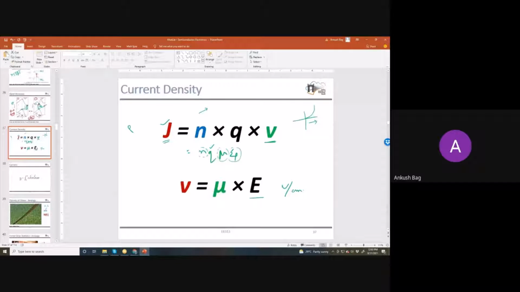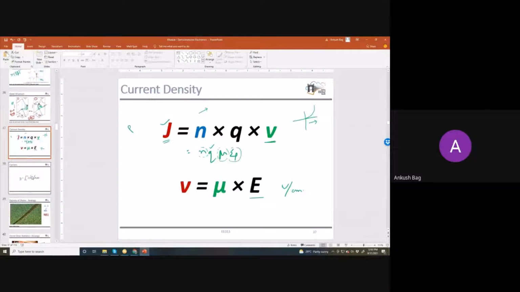Then we'll try to understand mobility, saturation velocity, and other terms which decide your current or current density.